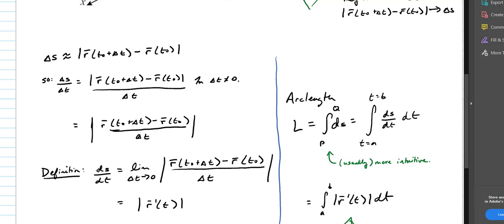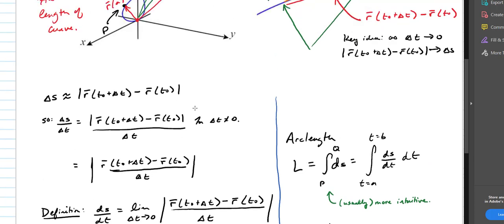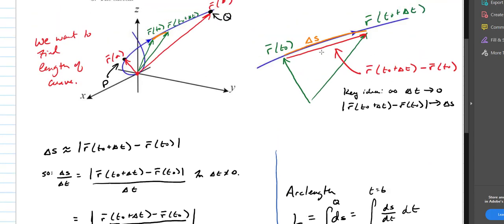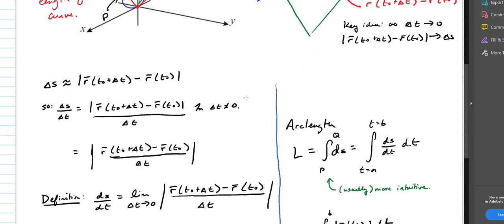So then we define delta S over delta t to be the limit as delta t approaches, careful, I was accurate in this, folks, the number 0. So as delta t approaches the number 0, then by the observation we made here, the length of this red vector will begin approaching the length of this orange delta S segment.